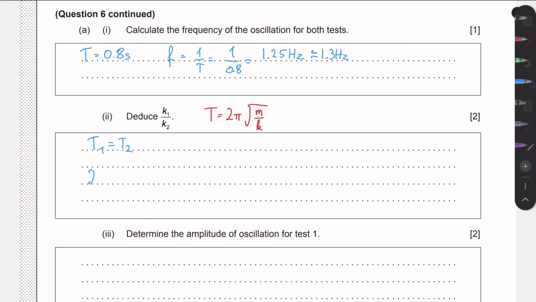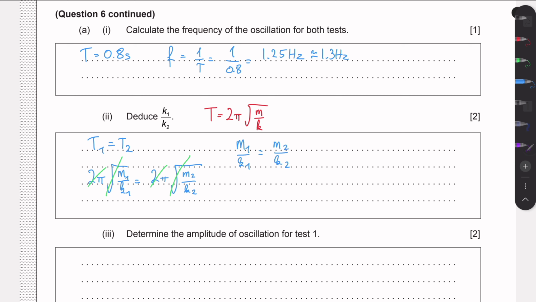So we can say that 2 pi times the root of M1 divided by K1 is equal to 2 pi times the root of M2 divided by K2. Like this, the 2 pi's cancel and the square root also cancels. So we are just left with M1 over K1 is equal to M2 over K2.